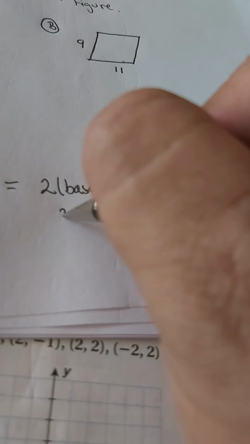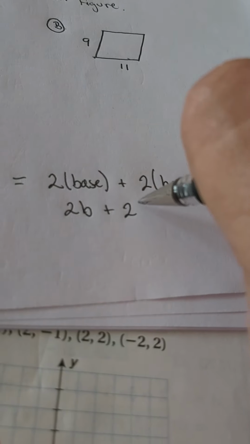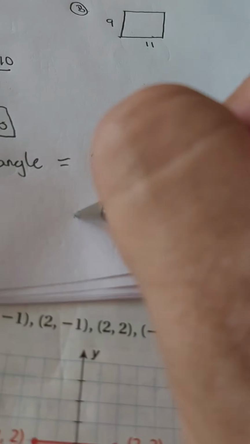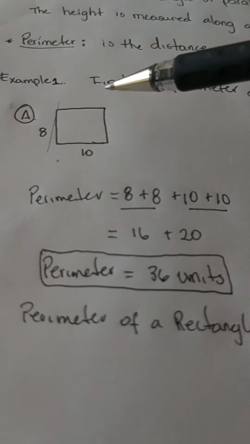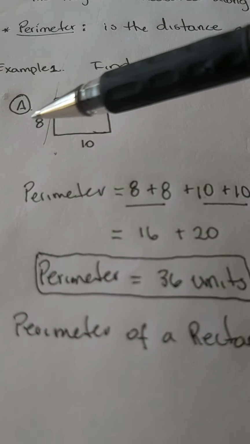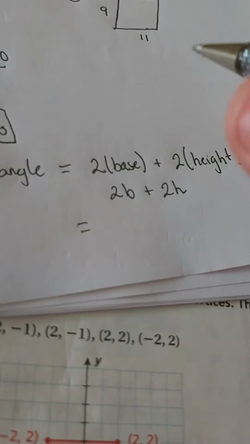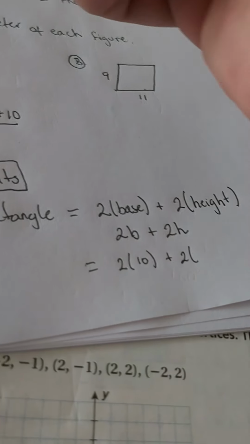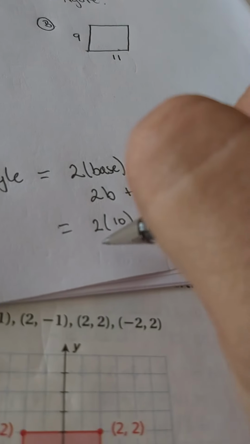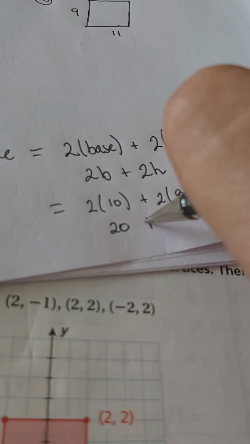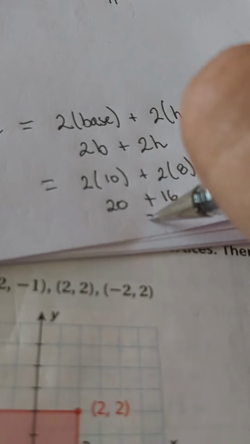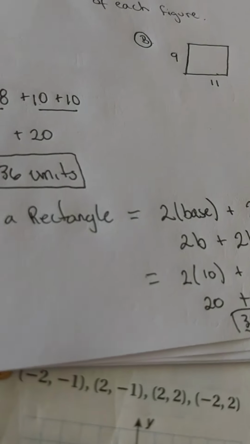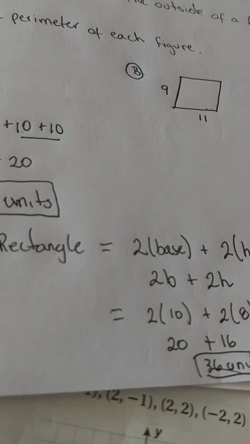Instead of writing base, we can write 2b plus 2h. B for base, h for height. So in this same example, the base is 10, the height is 8. So we substitute 2 times 10 plus 2 times 8, and we get the same answer. 2 times 10 is 20 plus 16, 36 units. So we have two ways to find the perimeter of a rectangle.